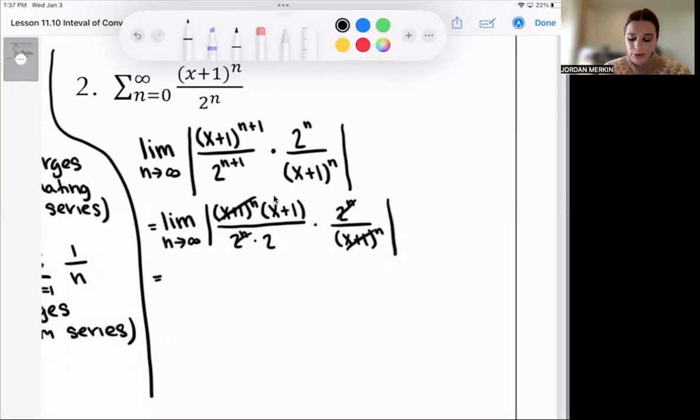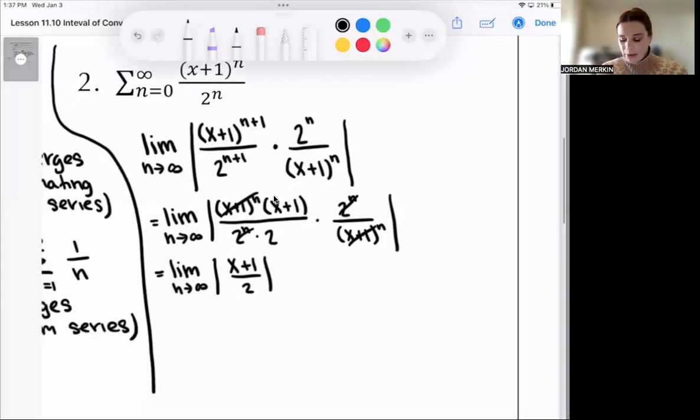We end up with the limit as n approaches infinity of the absolute value of (x plus 1) over 2. So now this would just be (x plus 1) over 2, right?